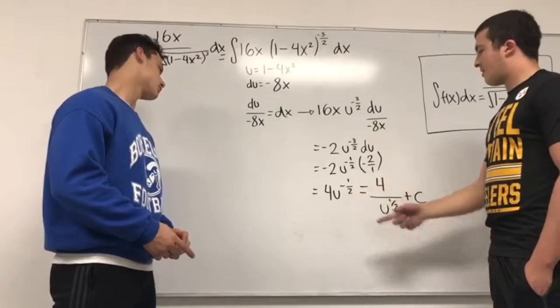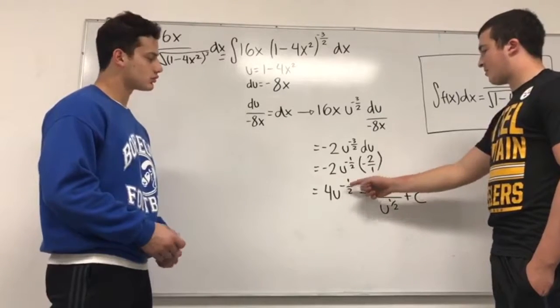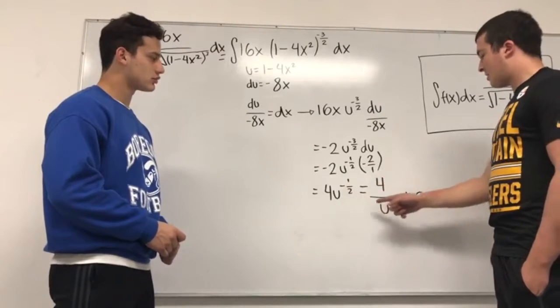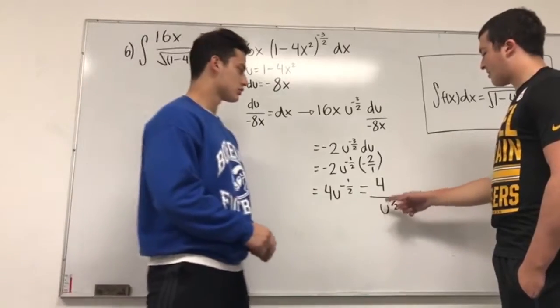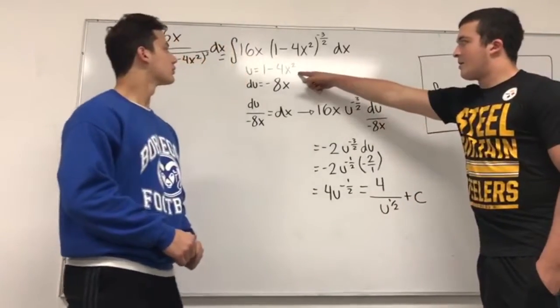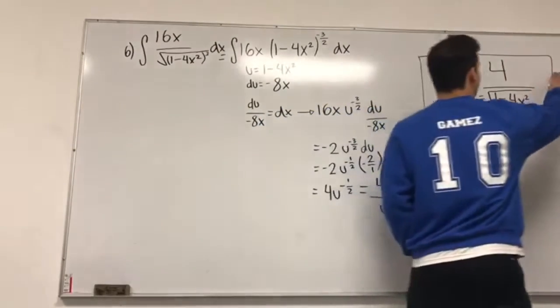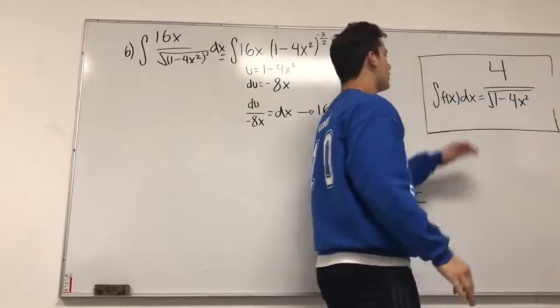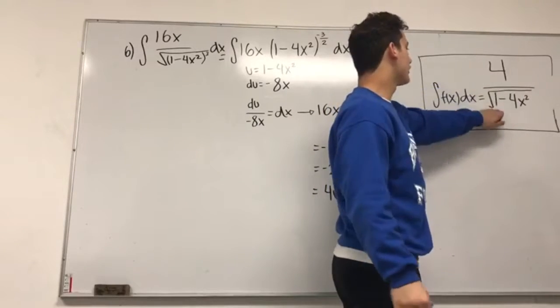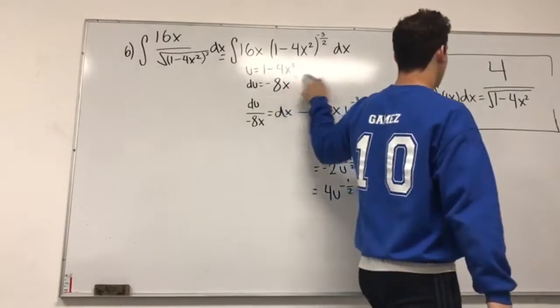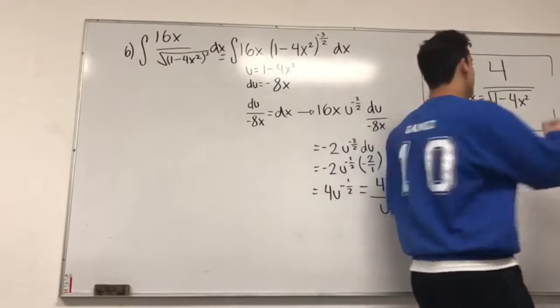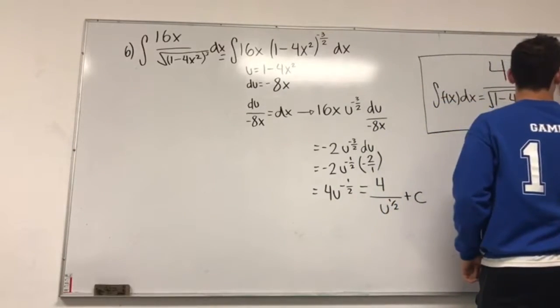After that, you just pass it to the bottom since it's a negative exponent, and change it to radical. Then you change the u with the u that you used here and add the plus c. And then, as a result, we have 4 over the u in here. And don't forget to put the plus c.